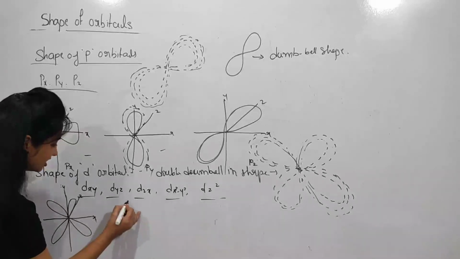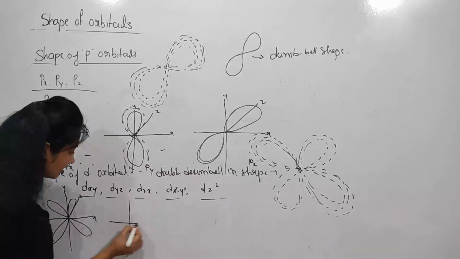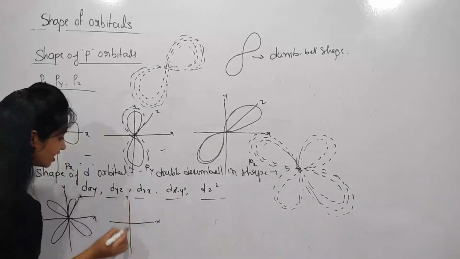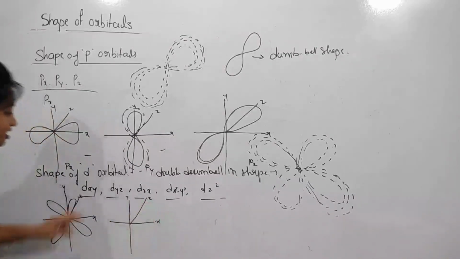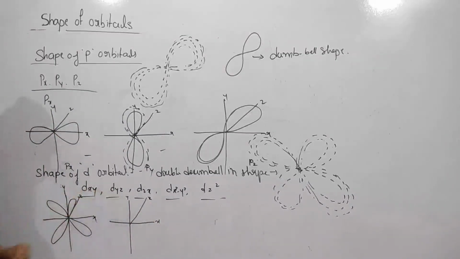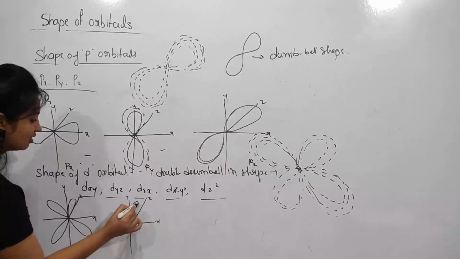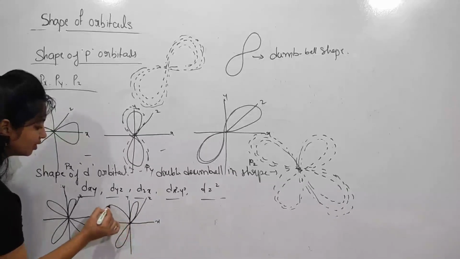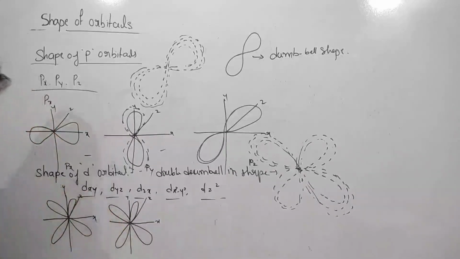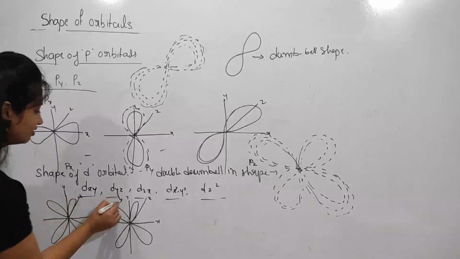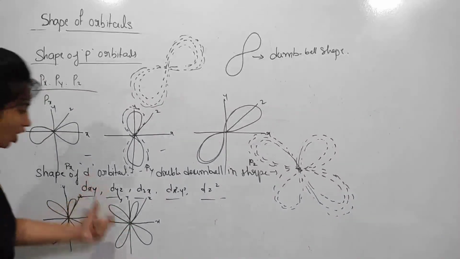And next one, with the x-axis, y-axis and z-axis, is the dyz. The dumbbell shape is present in between the Y and Z orientation. So like this. So this is our dyz orbital.